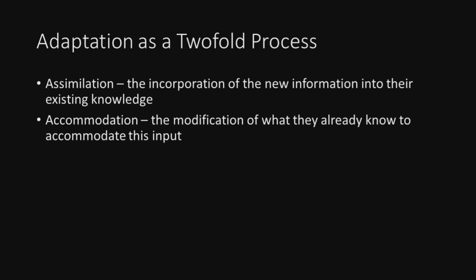Assimilation is the incorporation or the taking in of new information into their existing knowledge or their schema. Accommodation refers to the modification of what they already know to accommodate the new input.